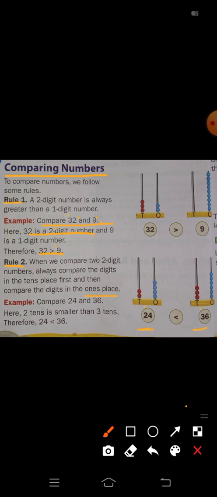For example, compare 24 and 36. Here 2 tens is smaller than 3 tens. Therefore 24 is smaller than 36, or 36 is greater than 24.